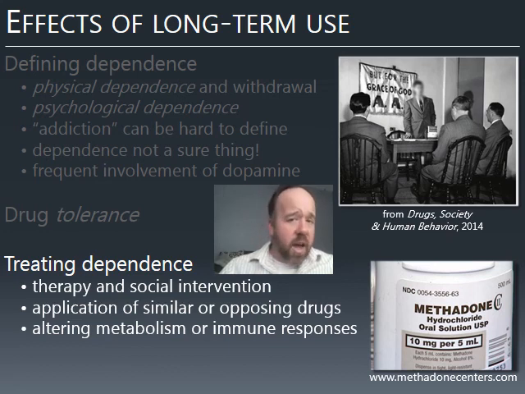You can also alter the metabolism of a drug. One popular way of treating alcohol dependence is through the drug disulfiram, otherwise known as Antabuse. That's its brand name. And what this does is keep alcohol from being broken down into later chemicals. So there's a metabolic pathway for breaking down alcohol. And if you interfere with it, you start to build up these different chemicals very quickly.